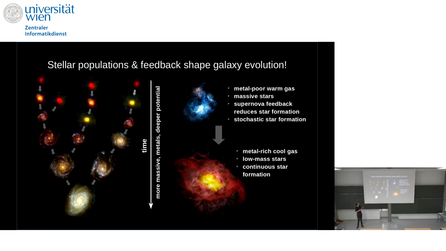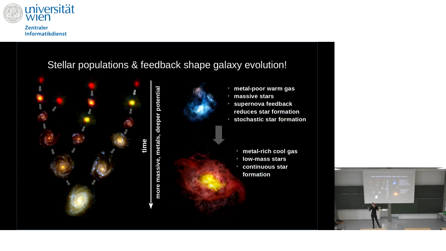In a nutshell, to summarize, as a galaxy evolves, the more massive it becomes, on average it has a higher abundance of metals and lives in a deeper potential. This is a very extreme summary, because it's probably most applicable to the early times, but I think it tells you rather well what's going on.